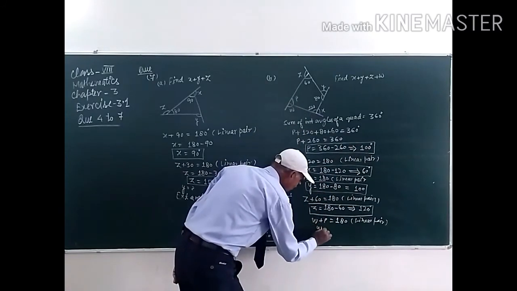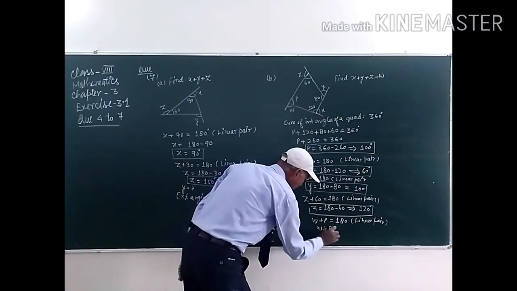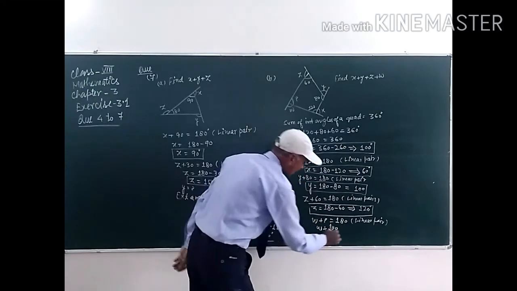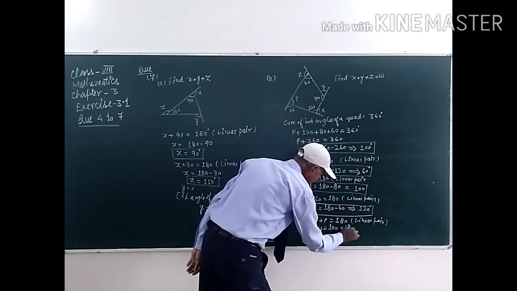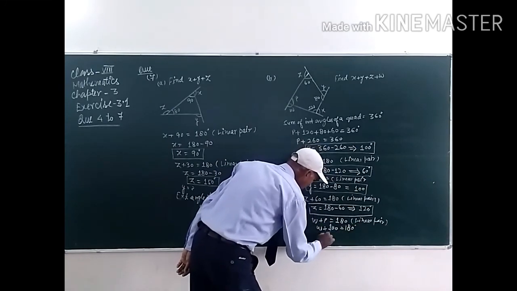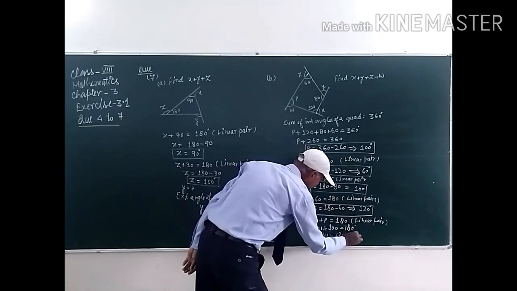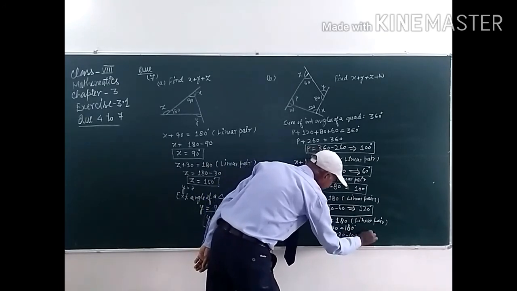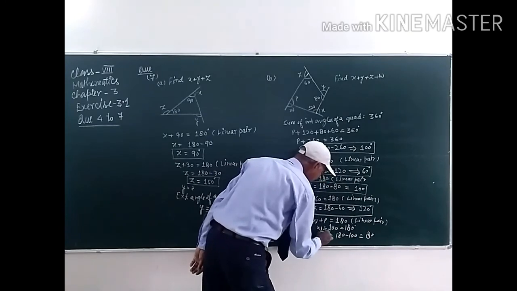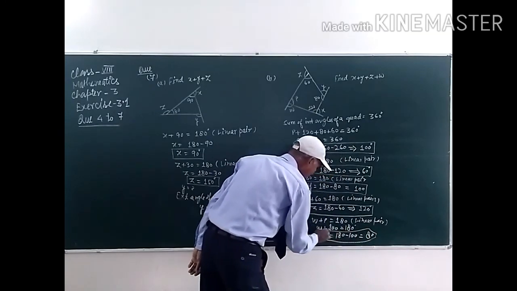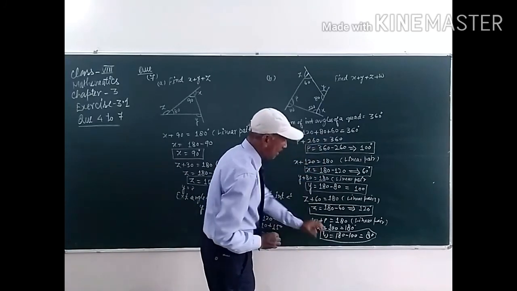So W plus 100, because the value of P is 100 degrees, is equal to 180 degrees. So W is equal to 180 minus 100, which is equal to 80 degrees. Clear, student? So this is the value of W, 80 degrees.